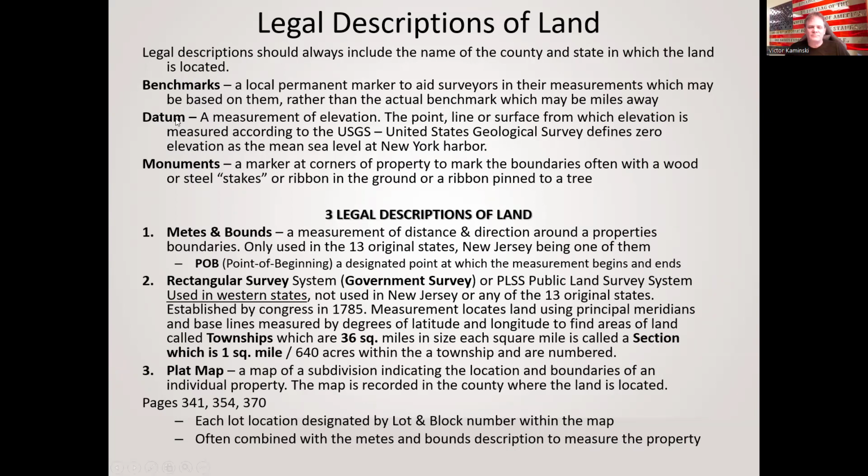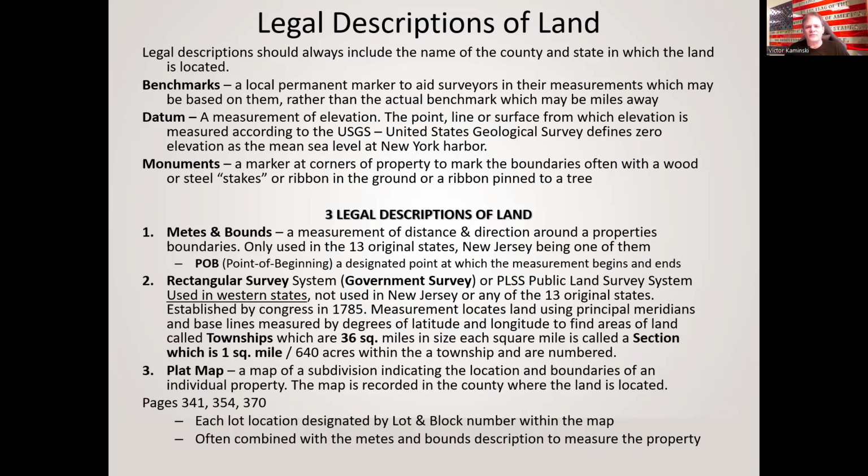A datum is a point, line, or surface from which elevation is measured. And the zero elevation point is the mean sea level in New York Harbor. That's the average, not counting storms and such where the sea levels would rise.